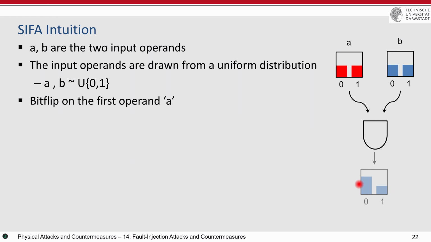If we look at the output here, of course we can compare the output with the fault-free output. If we just consider the fault-free outputs in the cases that we injected the fault, we toggled the A, but the result of the AND was not faulty, we know for all of them, B actually was 0.